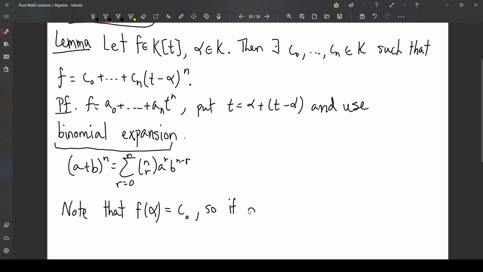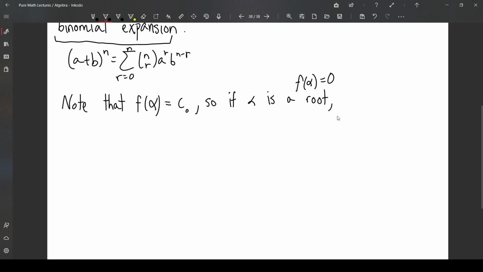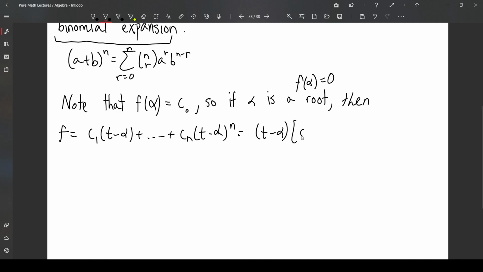So if alpha is a root, which means f of alpha is 0, then c0 equals 0, so I have f is c1 (t minus alpha) plus blah blah blah plus cn (t minus alpha) to the n, and I can factor out a t minus alpha here, and I get c1 plus blah blah blah cn (t minus alpha) to the n minus 1, and I get some other polynomial here.